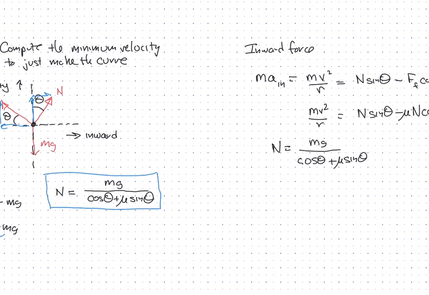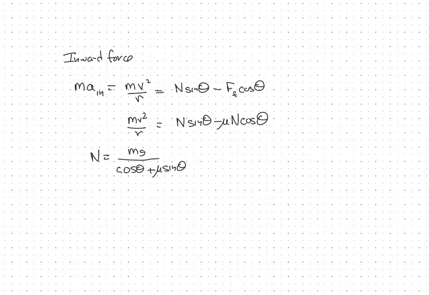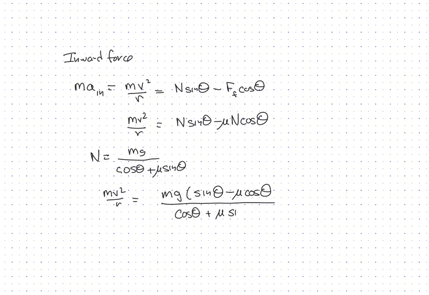So we're going to just substitute that in, and we can write that mv squared over r is mg times sine theta minus mu cos theta over cos theta plus mu sine theta.